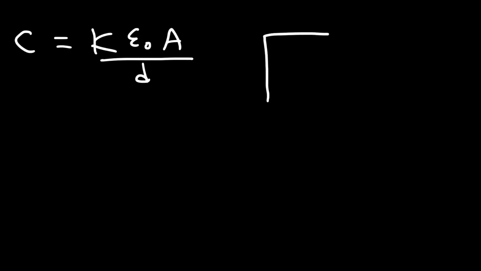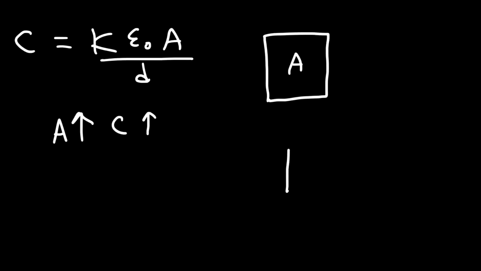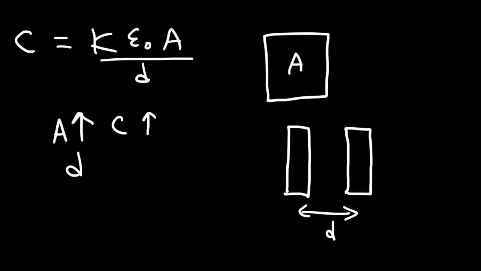So if you increase the area of the metal plate, you can increase the capacitance. Now, if you decrease the distance between the two metal plates, if you bring them closer to each other, you can also increase the capacitance. The third way to increase the capacitance is to use a dielectric material. If you increase the K value, C will increase as well.